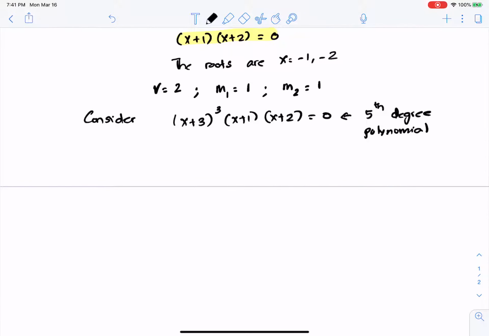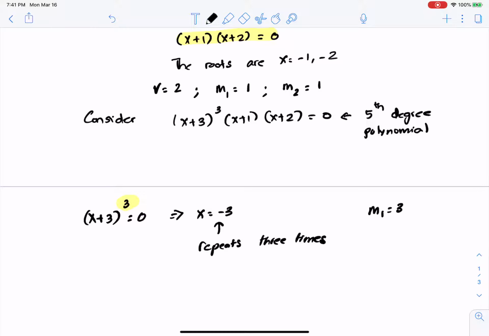It does. First let's look at (x plus 3) cubed. If you set that equal to 0, x would equal -3. So this is one root, but it repeats 3 times. The reason for that is the power 3. So in this case, we have m1 equals 3.